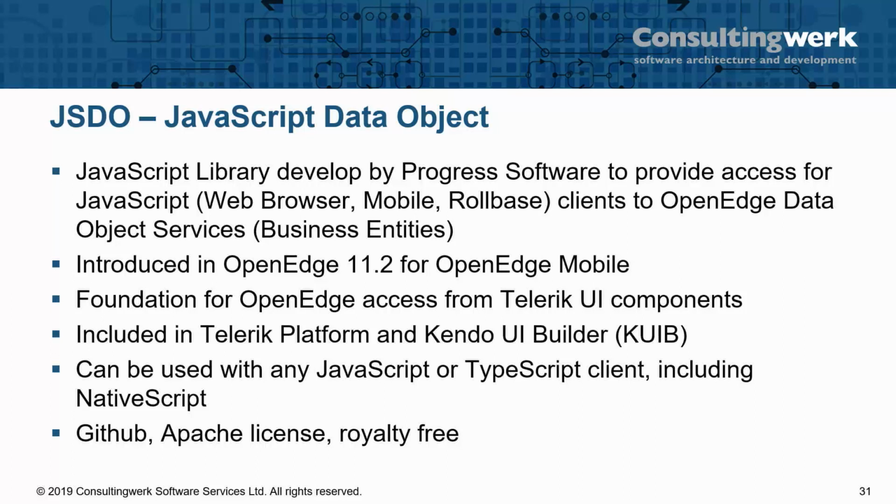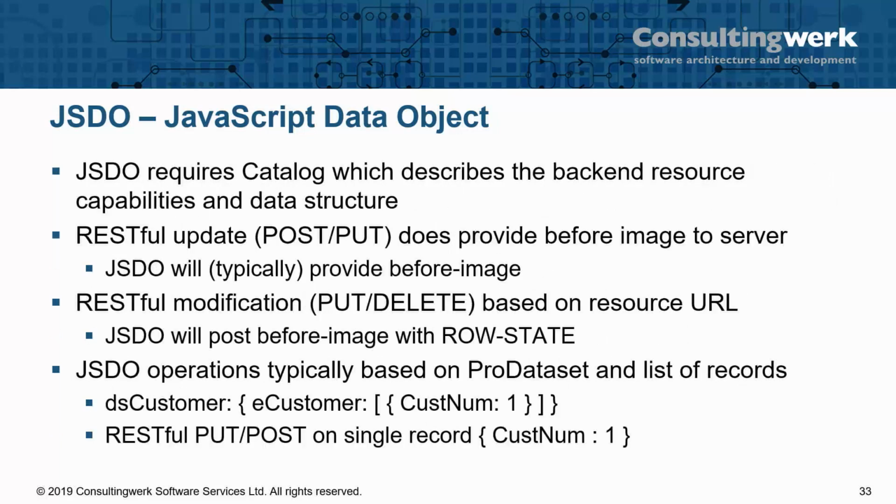And you can use it with things like TypeScript or NativeScript. And it's an open source component, royalty free, and it maps very perfectly to some of the specific properties of the ProDataSet. It has its requirements. It requires a data catalog that describes which fields and tables are exposed. So it has a certain query standard, how filtering is being sent to the backend, and just a different interaction scheme with the front end.